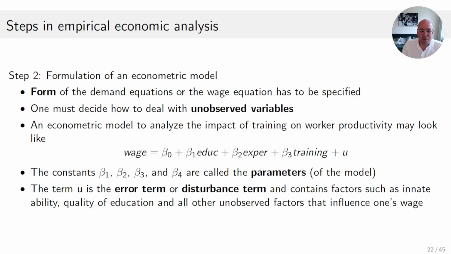So an example of an econometric model to analyze the impact of training on worker productivity would be this one here. So one says that the wage is a function of how much education that person has received, the experience that person has on the labor market, so how long that person has gained experience doing that task, whether that person has received any formal training, and some extra stuff, which is collected in this term plus U.